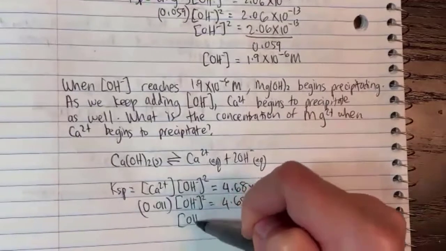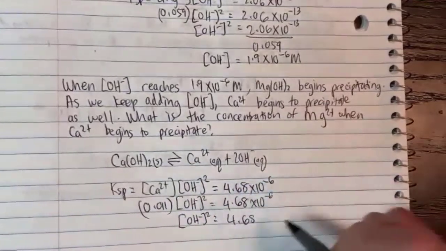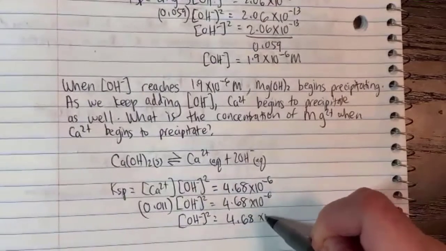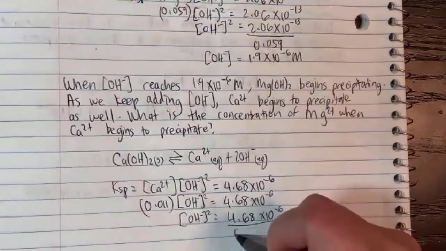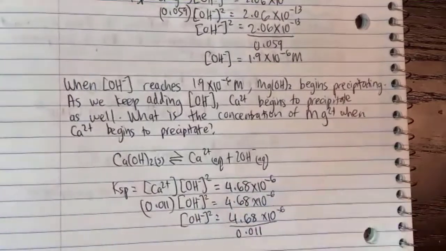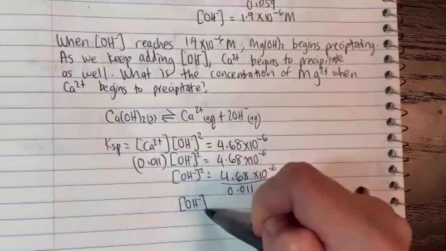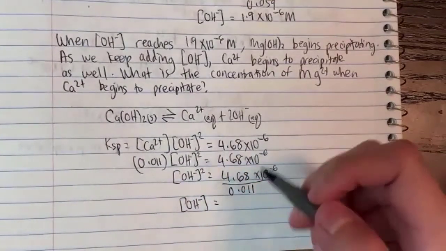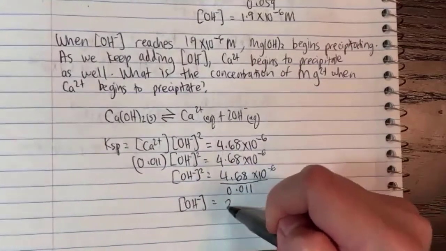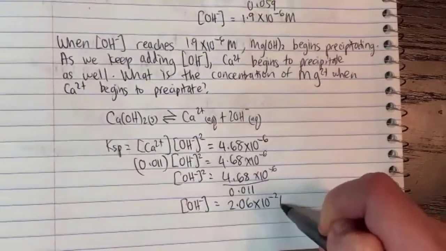So let's solve for hydroxide. Take a square root of that, you get hydroxide, and that will be 2.06 times 10 to the minus 2.